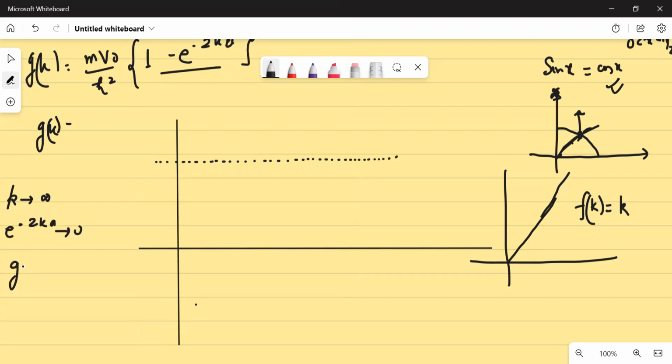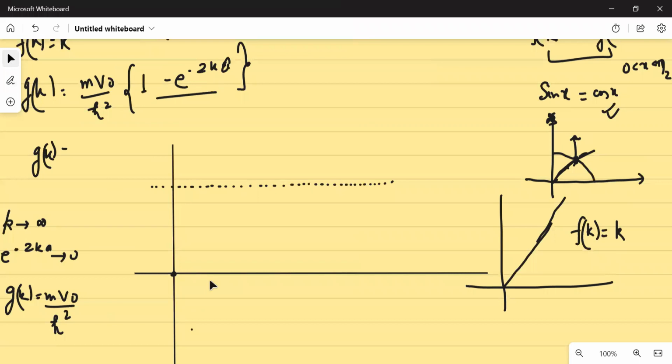So overall, as k tends to infinity, my g(k) tries to asymptotically approach mV0 upon h square, because this term will become 0. At k equal to 0, e to the power 0 is 1, so this is 1 minus 1, 0. So overall g(k) is 0 at k equal to 0, and at k tends to infinity, g(k) is mV0 upon h square.